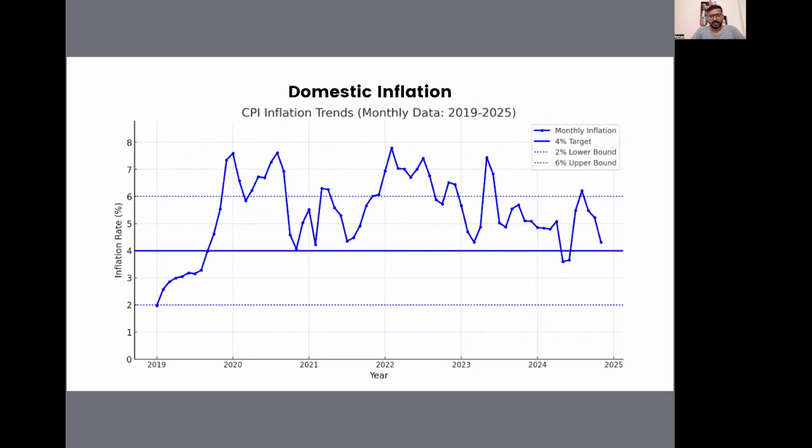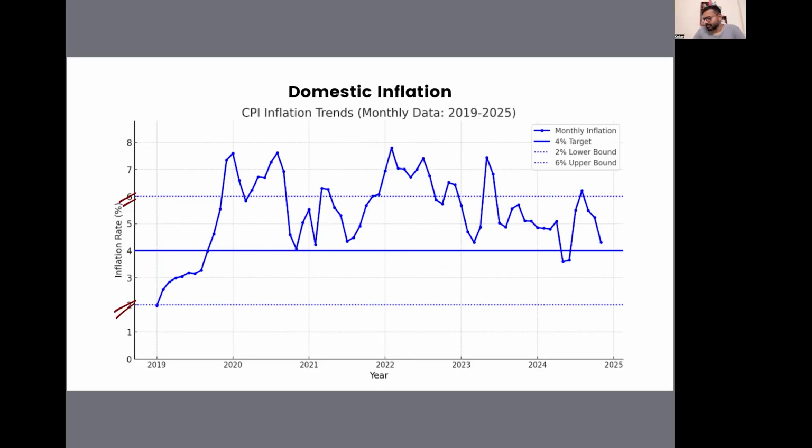Okay. All right, next, let's come to domestic inflation and let's see the trends of domestic inflation. As you must know, as per the mandate, the RBI tries to keep the domestic inflation between the band of 2 to 6%. So between this 2 to 6% band, RBI tries to keep the inflation, and 4% inflation is considered ideal for the economy.